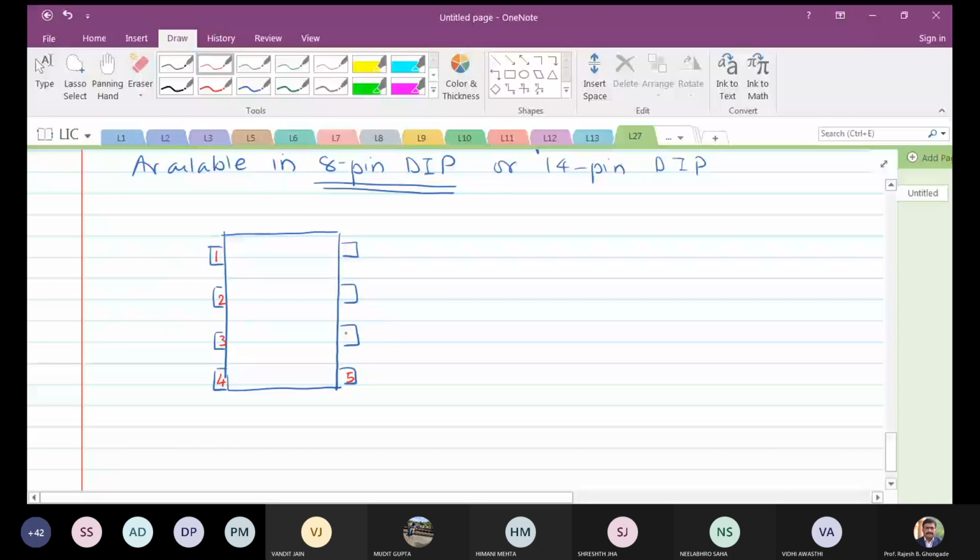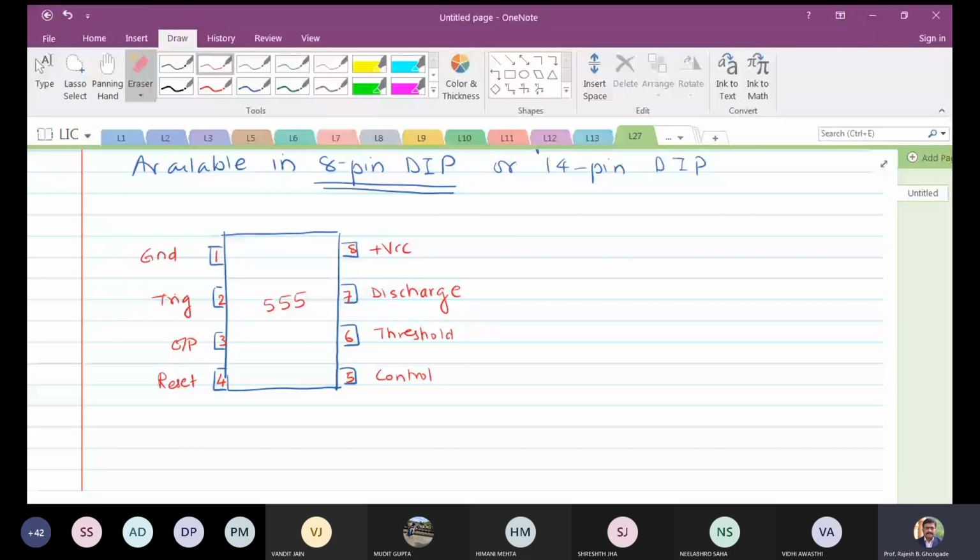This one is ground. This is called trigger. This is the output. This is called the reset pin. Here you have DC. Pin number 7 is the discharge, 6 is the threshold, and 5 is the control voltage. Let us not say voltage here, control pin. So this is how the IC looks like.